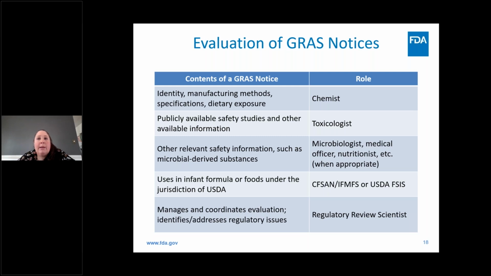So in the example of we are reviewing an ingredient that may be added to infant formula or to a USDA regulated product, such as meat, we will work with our colleagues in the infant formula and medical food science team or the USDA Food Safety and Inspection Service. And just like a food additive petition, this whole process is managed and coordinated by a regulatory review scientist.